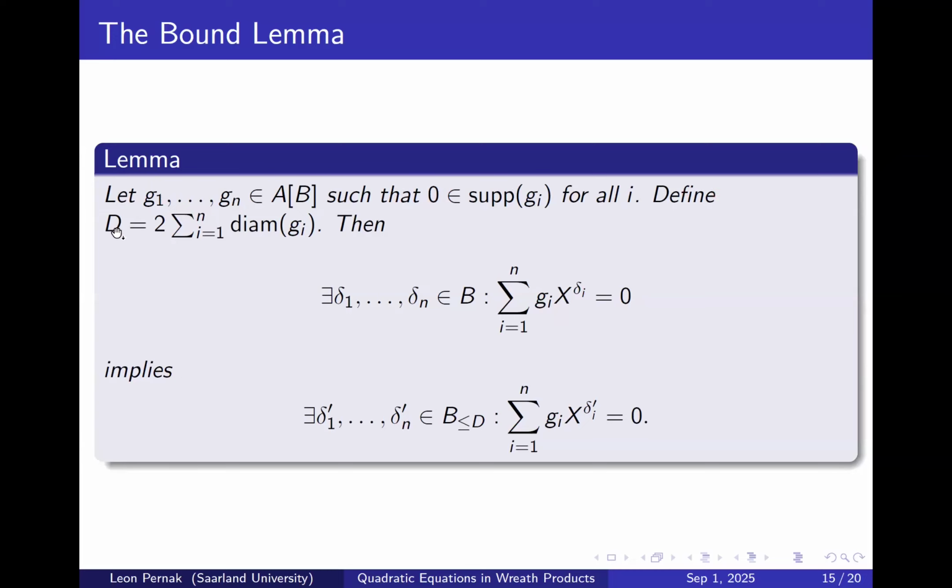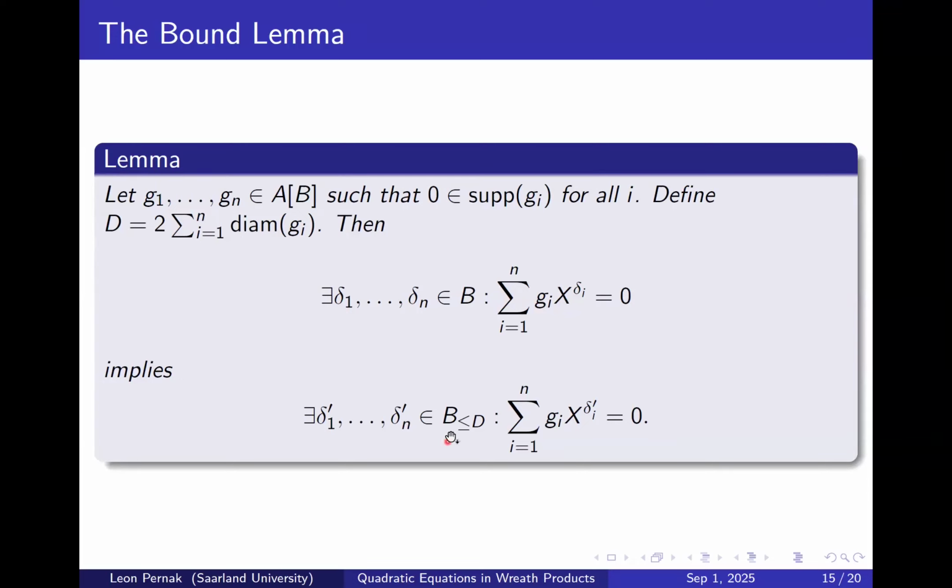And then there is a constant, which is now specifically computed, but whatever, there is a constant such that if there exist delta_1 to delta_n that shift my g_i into the right position, here now I mean the sum is equal to 0, which is going to be replaced later, but equal to 0.